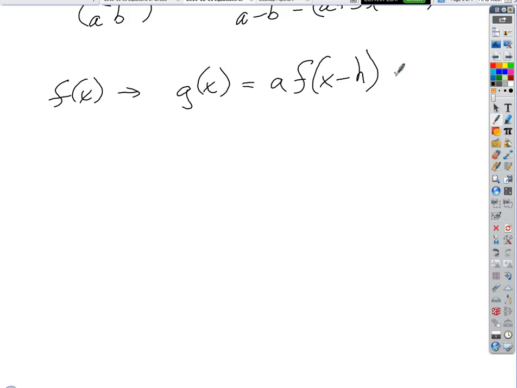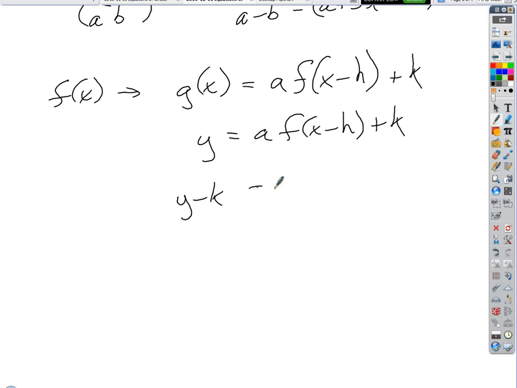And then if I wanted to move it up vertically, what would I do? I'm going to add k. But this is really just a y, isn't it? g of x was just a fancy name for y. So if I had y equals a times f of x minus h plus k, what if I just subtracted k from both sides? Then I would have gotten y minus k equals a times f of x minus h.